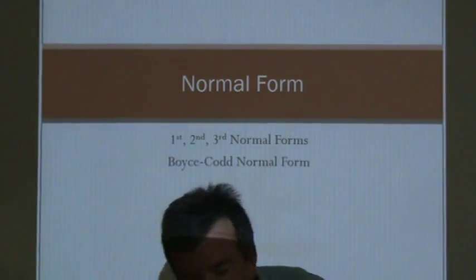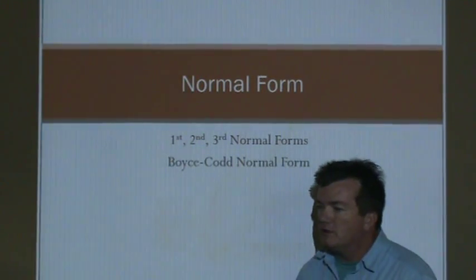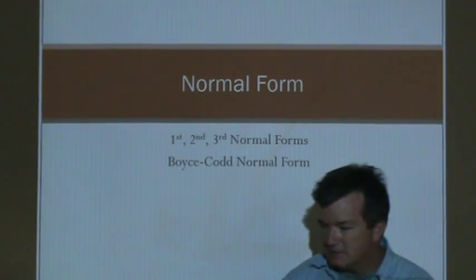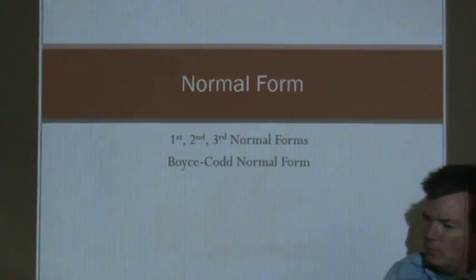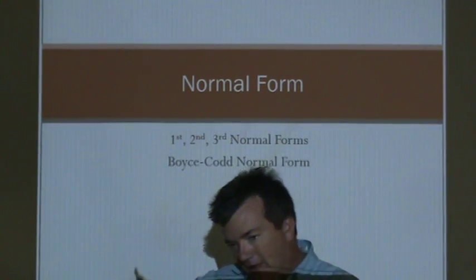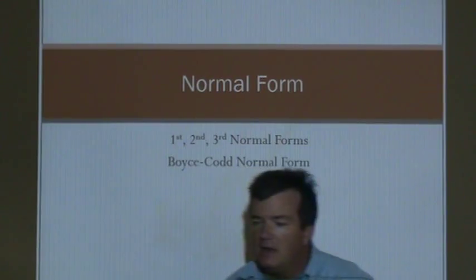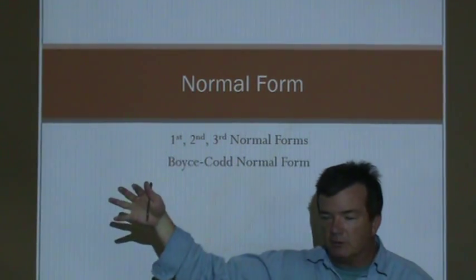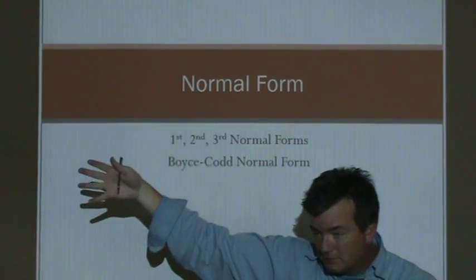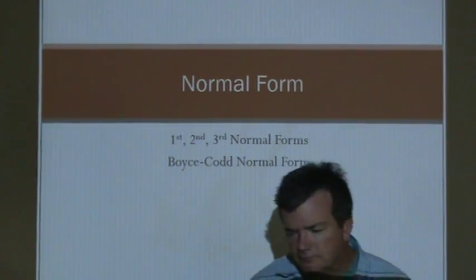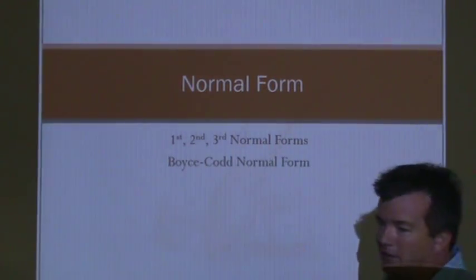So if you recall, when we originally were looking at creating tables for databases, we had a table and we had a first name, a last name, and a phone number column. And we said, okay, that's great, but what if somebody had multiple phone numbers? Should we add more columns for home phone, cell phone, work phone, and so on?